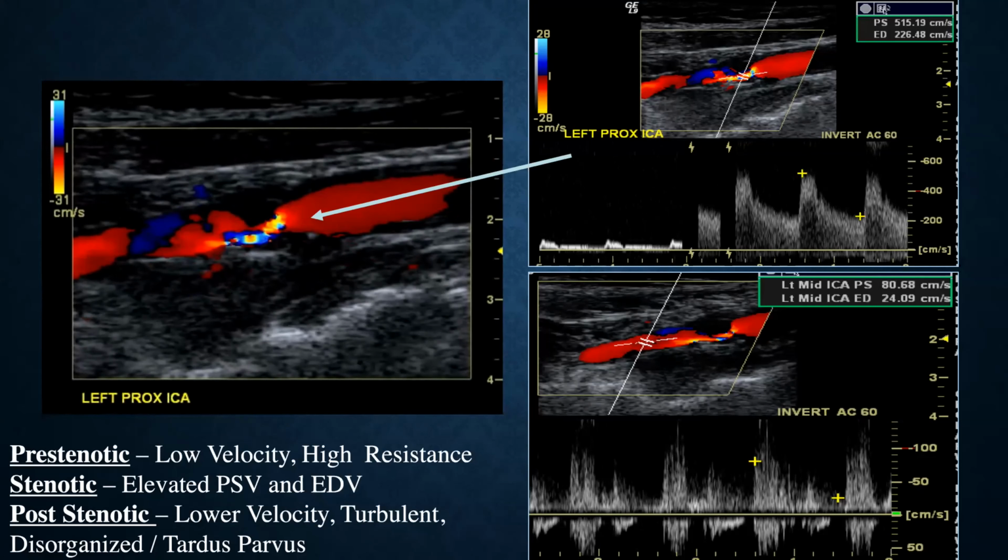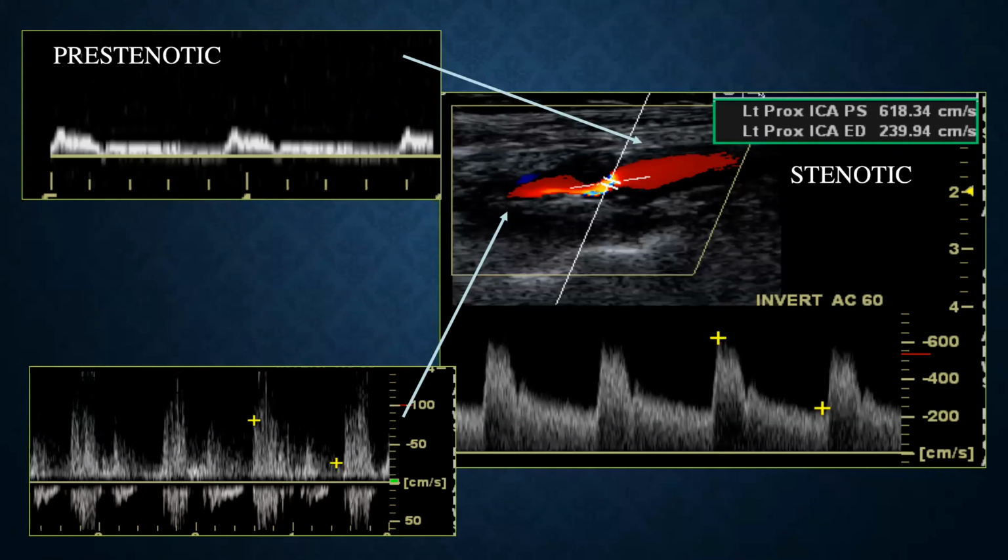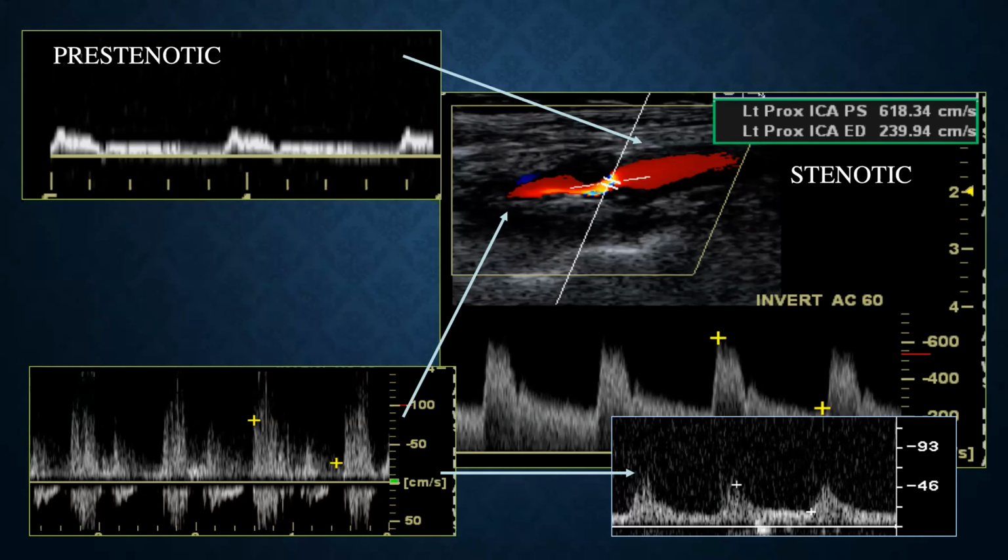And as we get downstream, you'll see that we start to reorganize, right? We have that low velocity, high resistance pre-stenotic signal, high velocity as we move into the stenosis, turbulent flow as we get out of the stenosis, and then downstream, we're going to see these rounded waveforms with that sort of mountaintop appearance, which we call tardus parvus, right?